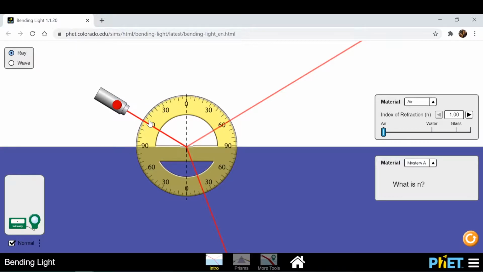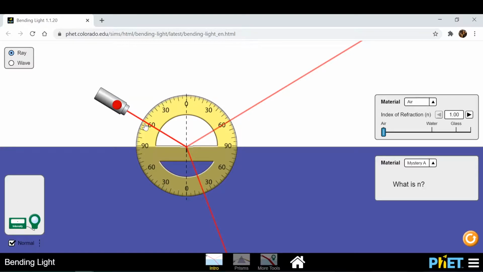The other thing you'll want to consider is the fact that the laser beam itself is a little bit wide. So you'll also want to consider that as part of the reading uncertainty. So when we have these very small divisions, typically you would use half of the smallest division. And then you'd also want to consider maybe using about half of the width of the beam as part of your uncertainty.